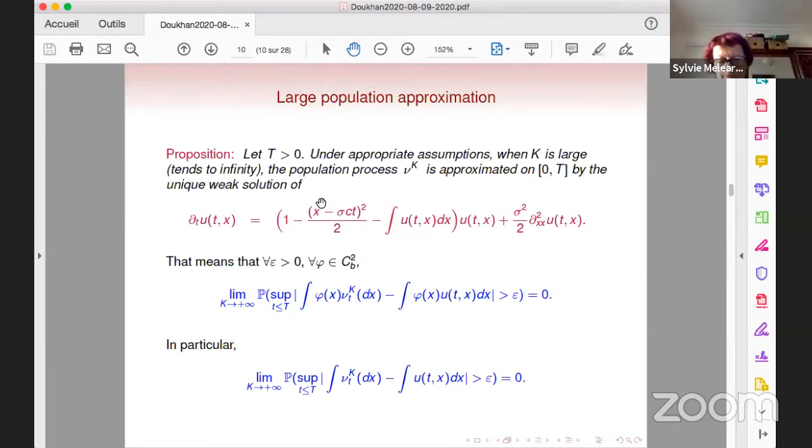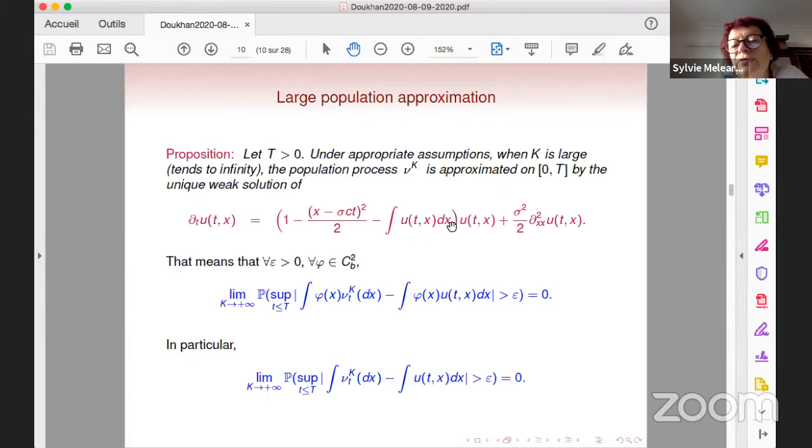And that's now standard to prove that if we consider a finite time interval 0 to capital T, then under some appropriate assumptions, if K tends to infinity, that means if we have a very large population, then this stochastic population process we introduced earlier is approximated by the unique weak solution of this integro-differential or partial differential equation, where you can recognize the growth rate in the population, the birth rate minus this death rate with the environmental change here.